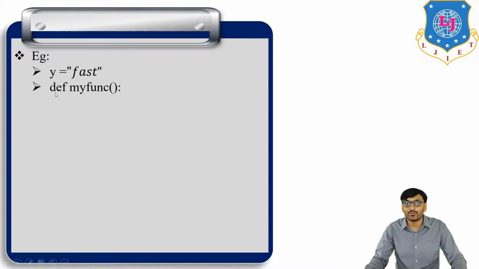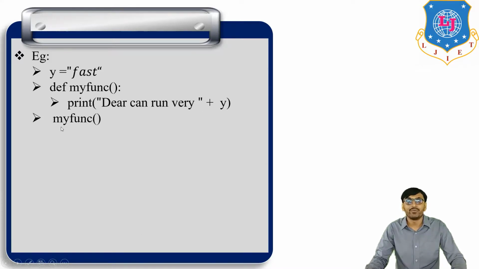Then definition of function, def my function parenthesis, then print deer can run very plus y. Then function calling my function parenthesis. So this y value that is fast is transferred at the point of y. If we run this program, then output is deer can run very fast.